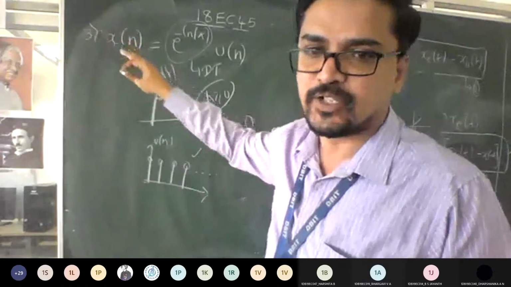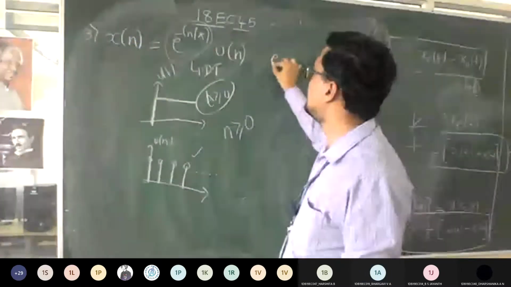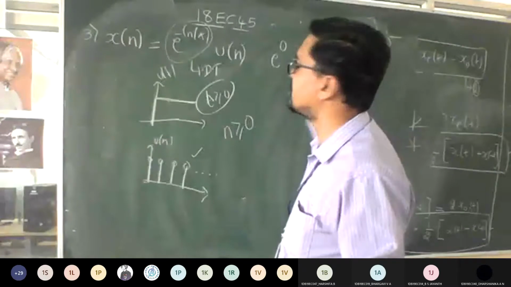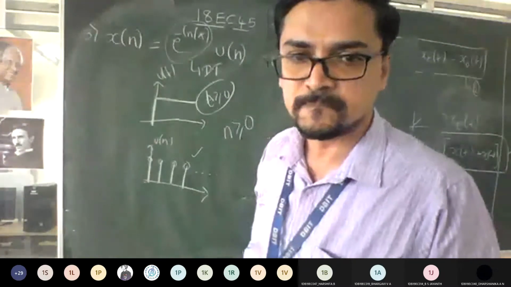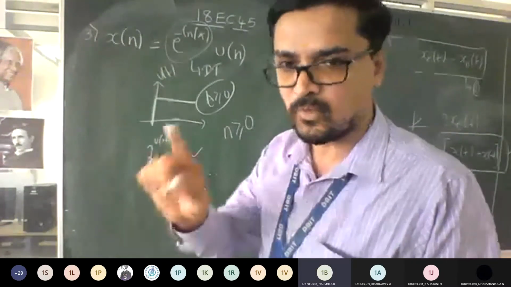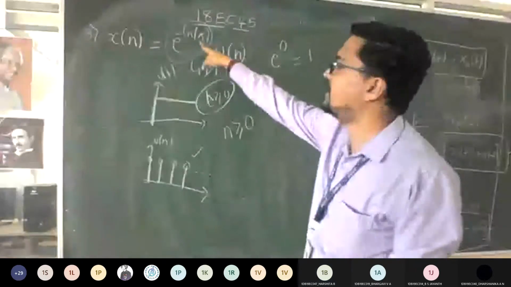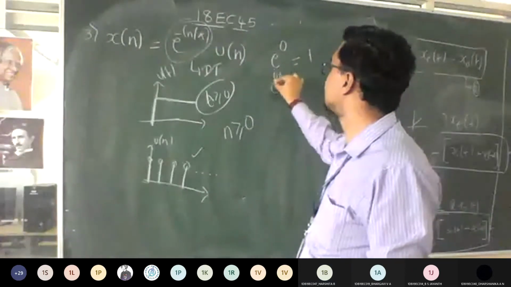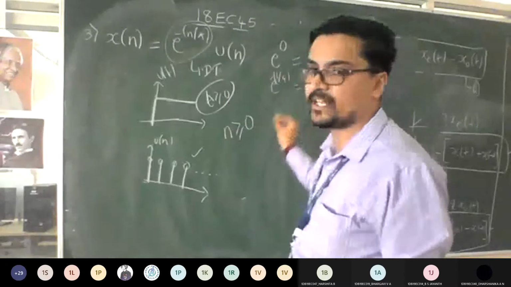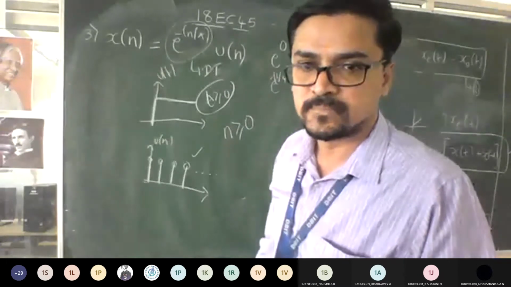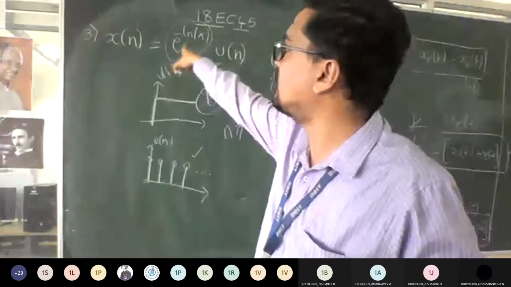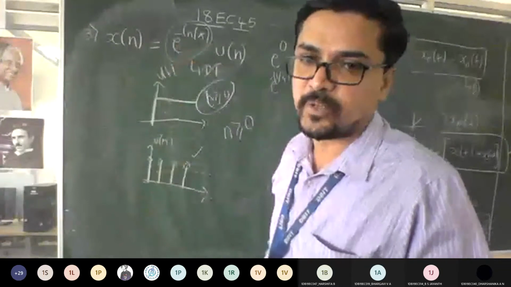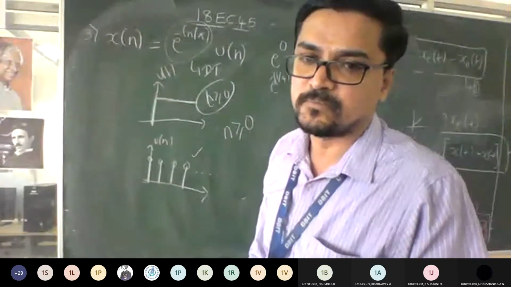So if you take n is equal to 0, it is like e power 0. What is e power 0 equal to? 1. So next, e power minus 1 by 4. Take it out in the calculator.